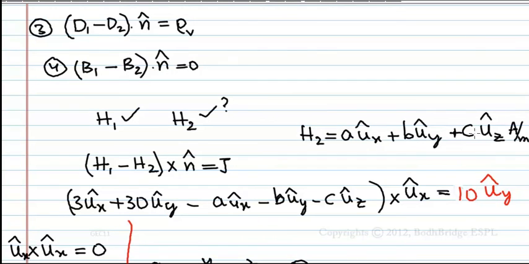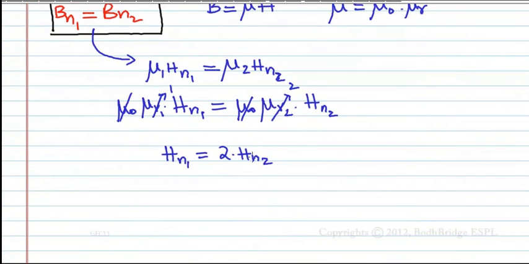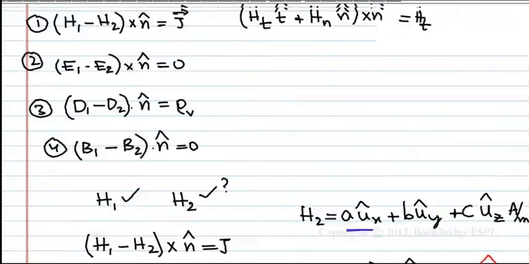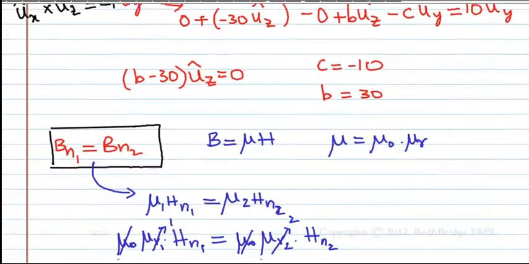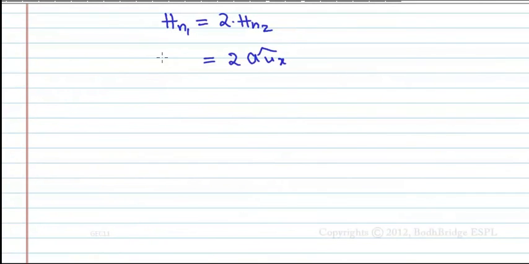A ux plus b uy plus c uz. Hn is what? Normal component is a ux, right? Therefore, hn2 is a times ux. This is equal to, what is the normal component of the first one? H1 is given as this one. Normal component is 3 times ux, right? 3 times ux. Comparing on both sides, a is how much? 3 by 2. That is equal to 1.5.